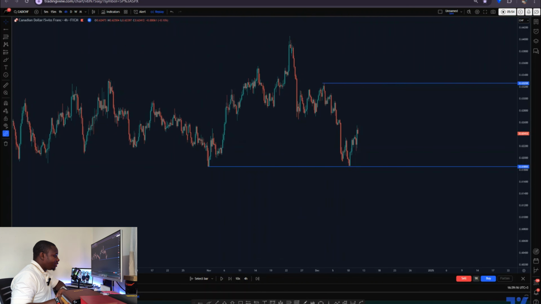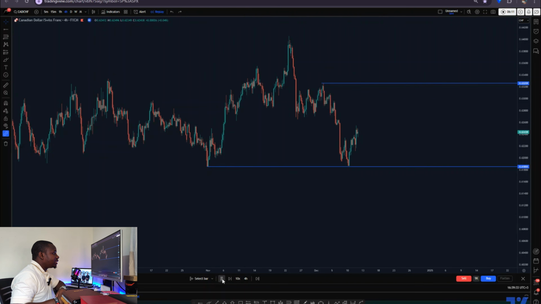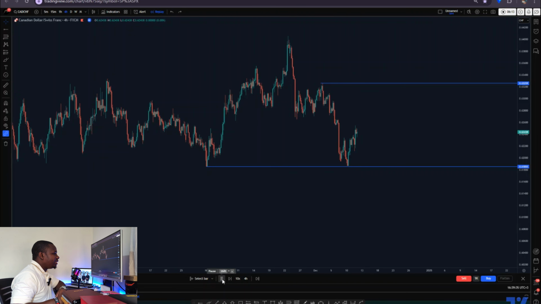However, it's something we can understand that, okay, we created the double bottom there. However, it's not the best example, we can count that as a near miss. And let us see now what the price will be doing next from here. Okay, let's just give it a replay.